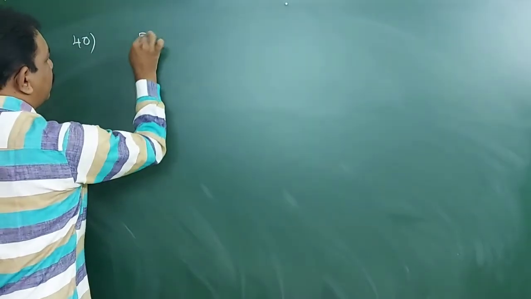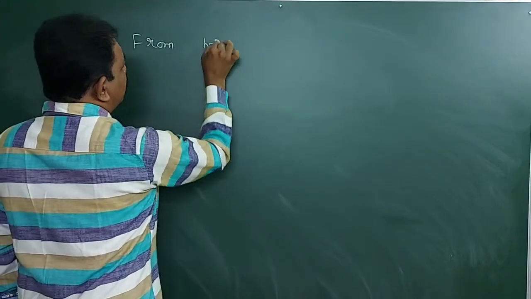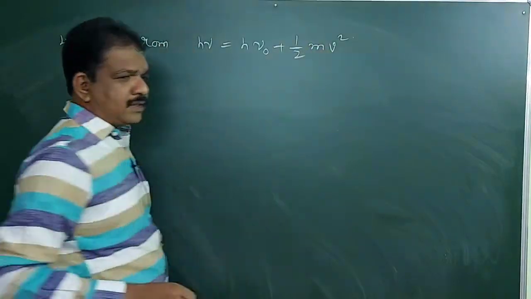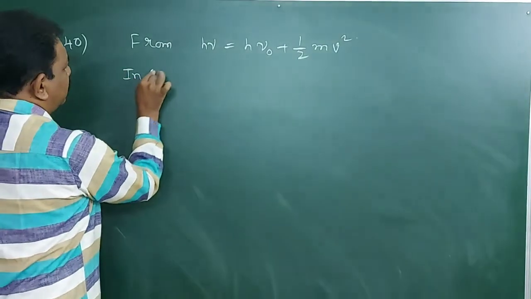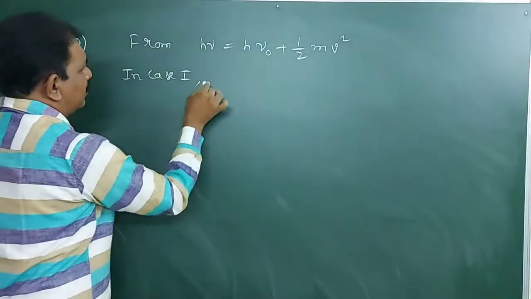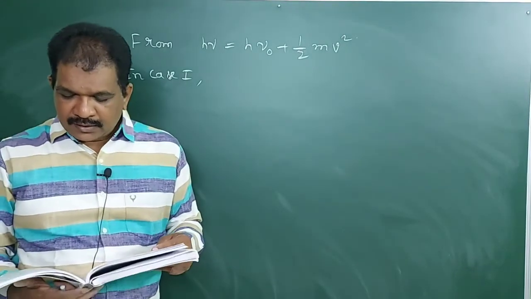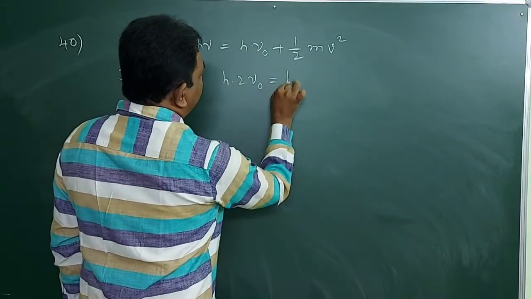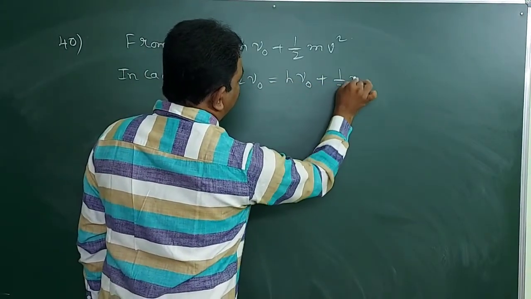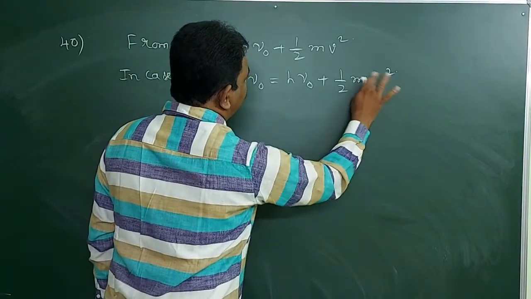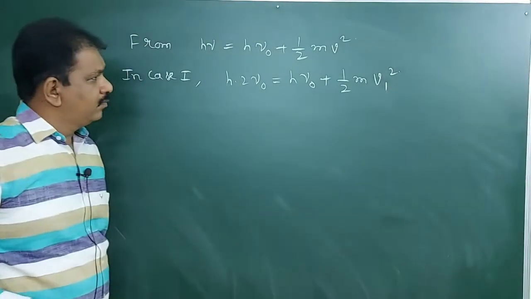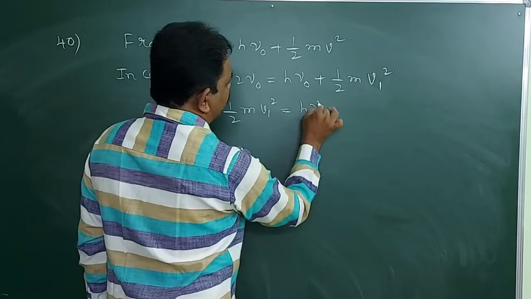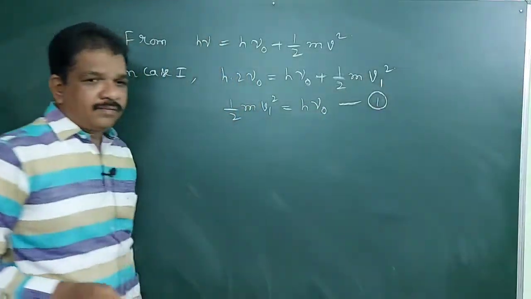In case 1, h times 2 nu naught is equal to h nu naught plus half m v1 square, with threshold frequency nu naught. So half m v1 square is equal to h nu naught.